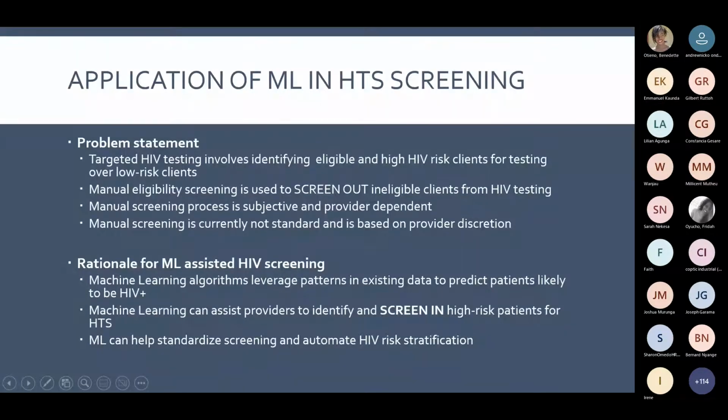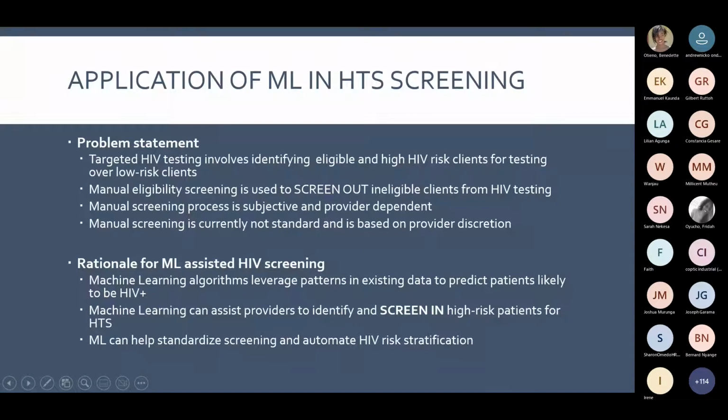Okay, so in our case, we wanted to apply machine learning in HTS screening, and some of the problems that we wish to solve were as follows. We wanted to be able to target HIV testing by identifying eligible and high-risk clients over low-risk clients at the facility level.